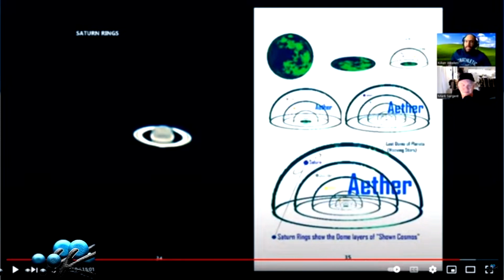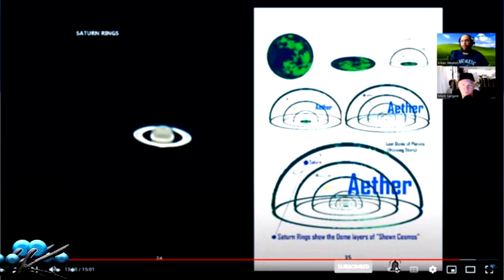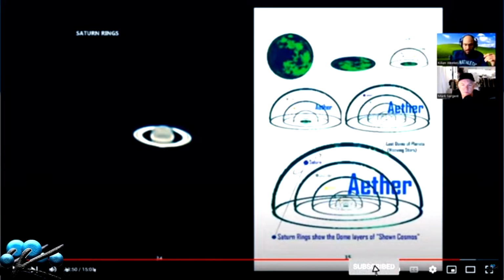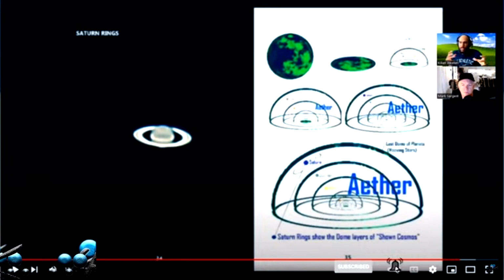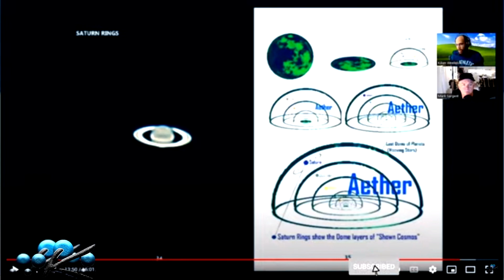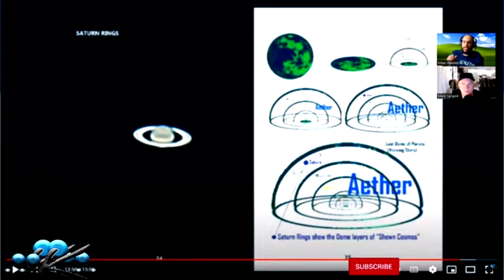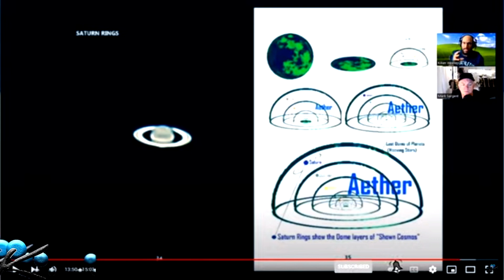The ether discussion is interesting because it brings to light the discussion that the moonlight is cooler and the sunlight is hotter, which I believe, and I say that the sun and the moon are ignition type elements, and the ether is always there.